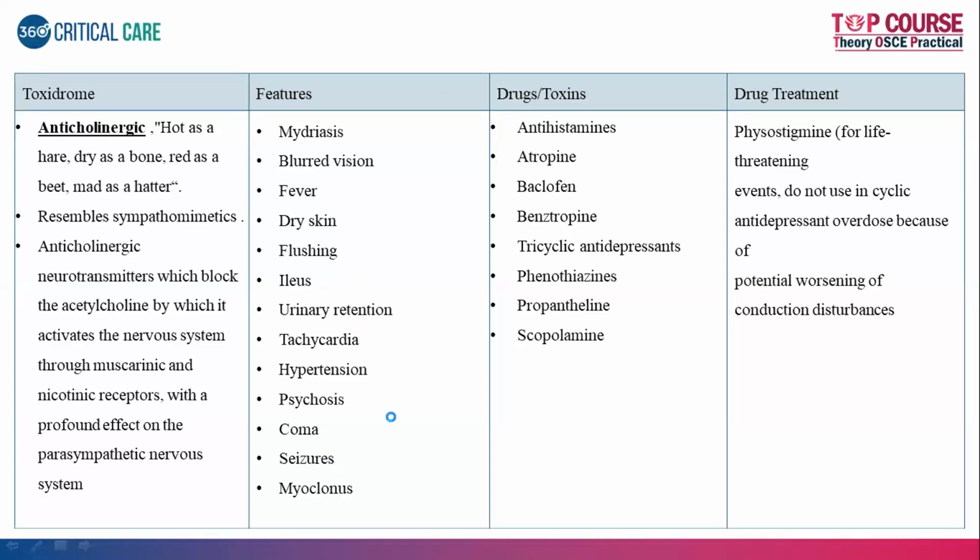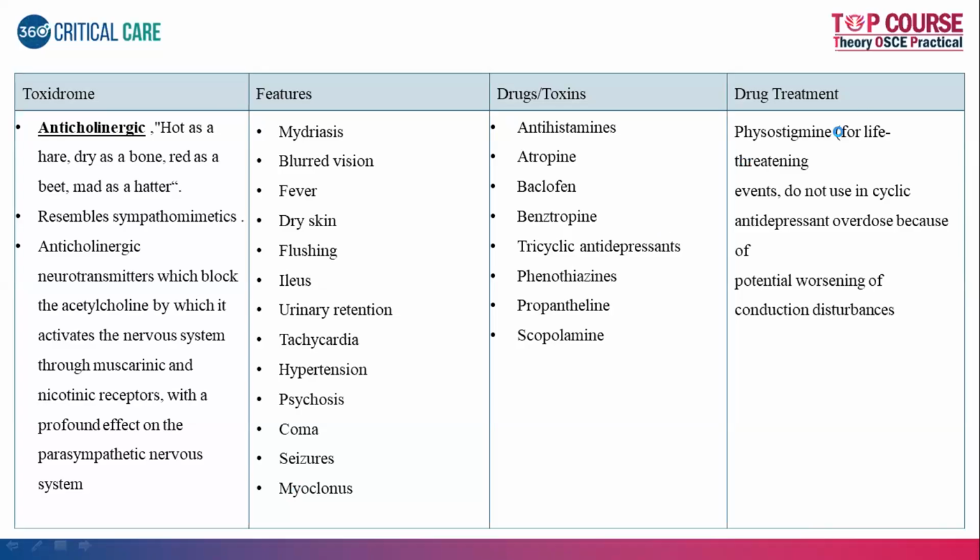So coming to the drugs which cause all these: antihistaminics, atropine, baclofen, benztropine, tricyclic antidepressants, phenothiazines, scopolamine. All of these cause the anticholinergic toxidrome, where all these features are present. So what is the drug treatment?